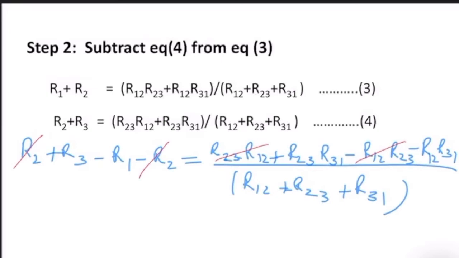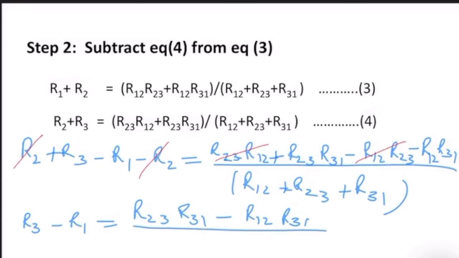These two terms will get cancelled out with each other, and what we are going to have as the final equation is R3 minus R1 is equal to R23 R31 minus R12 R31, divided by R12 plus R23 plus R31.